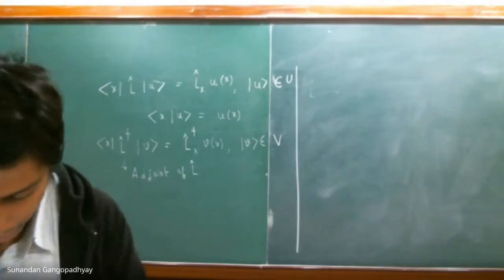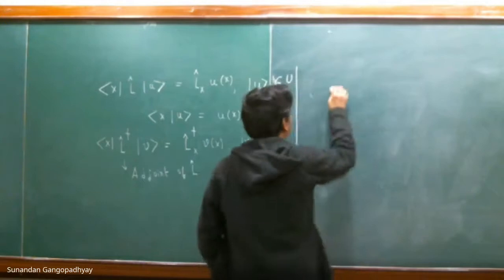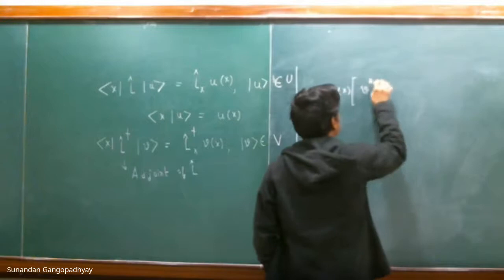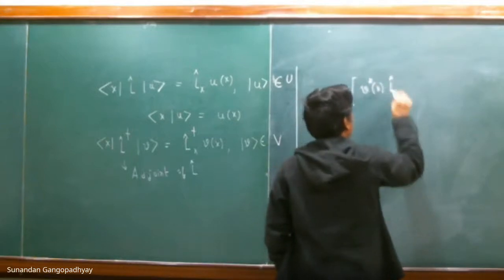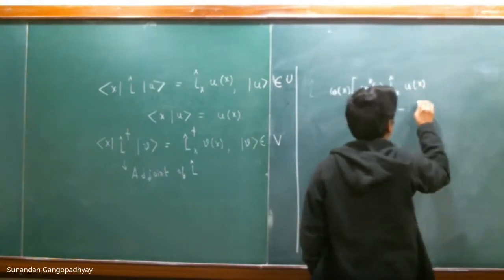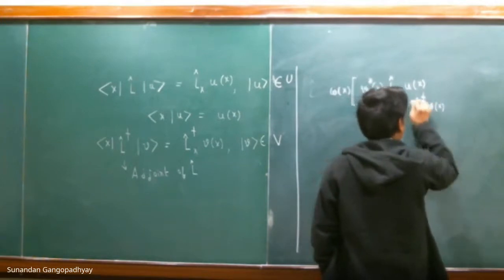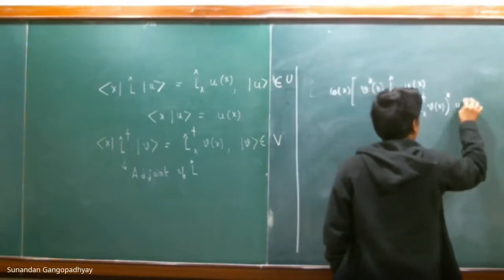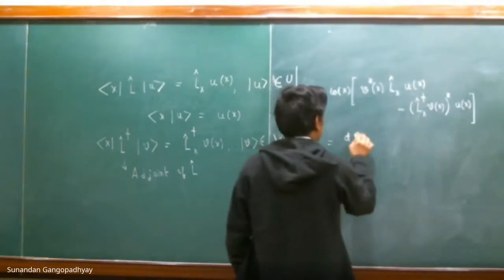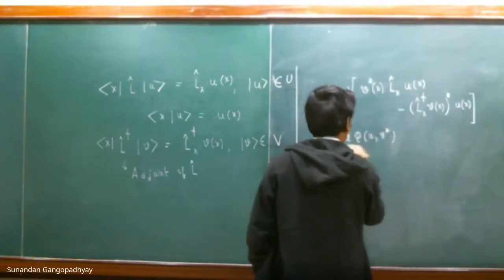This is formally defined, or it has the property that W of x times V star x times L hat x U of x minus L hat dagger x V of x whole star U of x is equal to dq U V star dx.